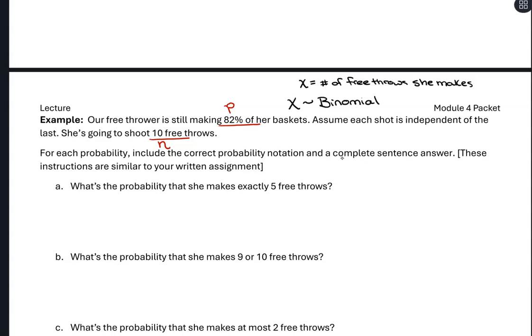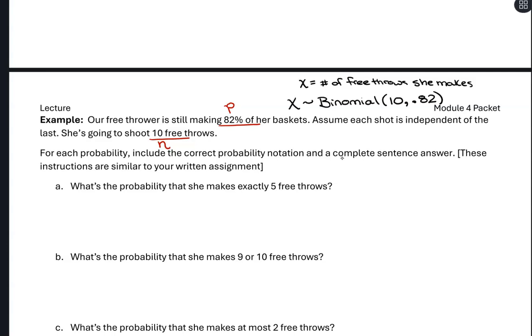And we know it's binomial because she either makes it or she doesn't, and we're looking at a strict number of free throws. So we have this set number of trials and there's only success or failure. All right, binomial. And then I would say that n is 10, comma, 0.82. So that notation there, X is defined by binomial(10, 0.82), defines our entire model. And that's what Stapplet is using to distribute all the probabilities.